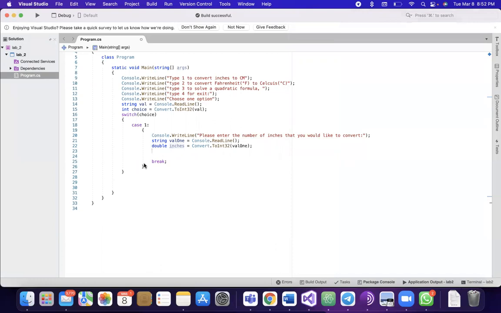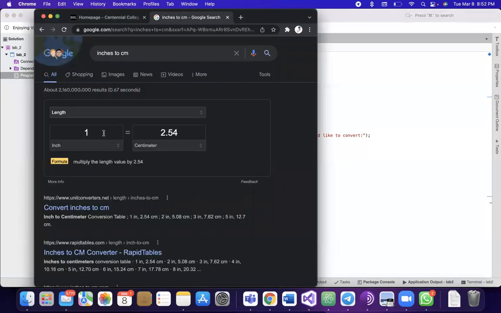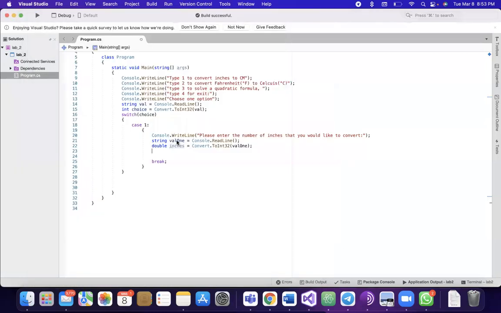So that'll be centimeter equals 2.54 into the inch. Yeah, so we have to create centimeter.